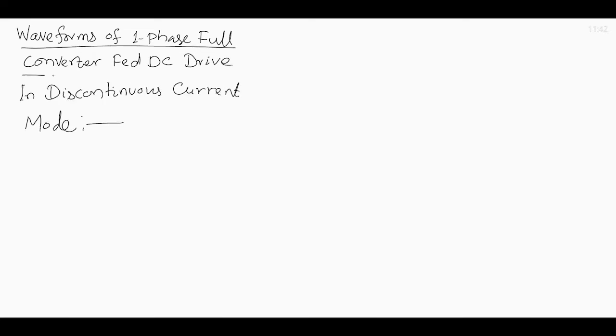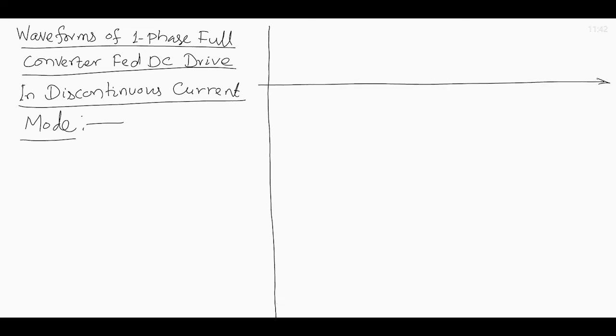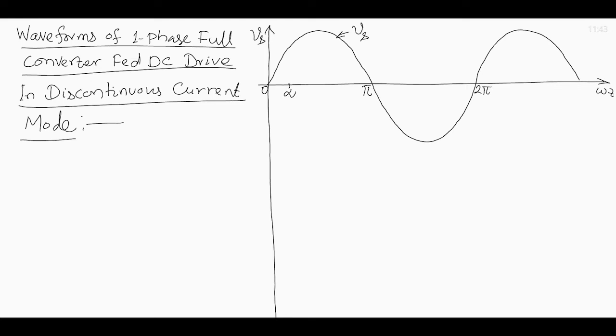Next we will draw waveforms of single phase full converter fed separately excited DC motor in discontinuous current mode. This is the supply voltage Vs. Current is discontinuous, so it comes to 0. So at omega t equals to alpha, when thyristors are triggered, current will start from 0.